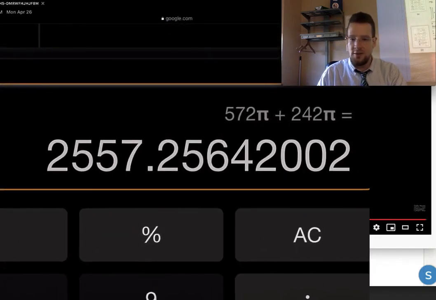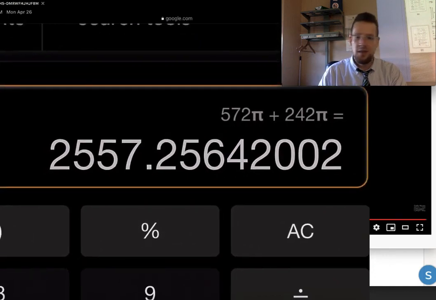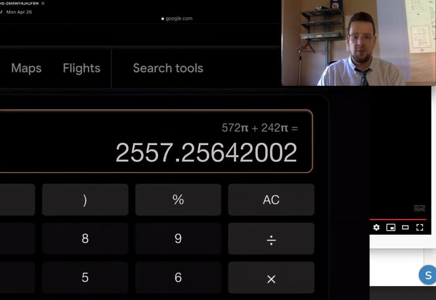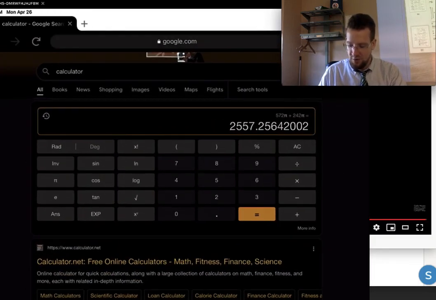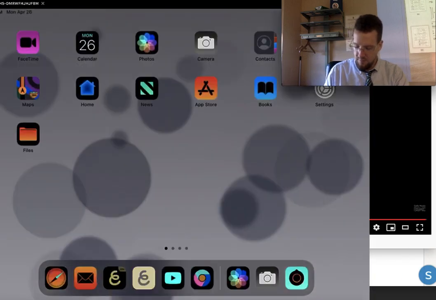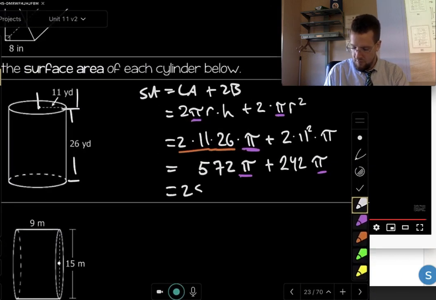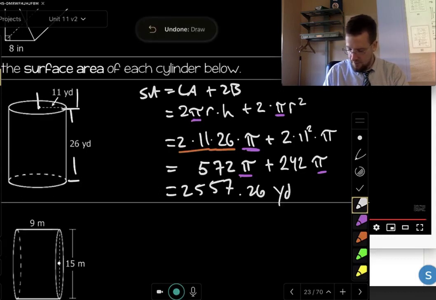I'm not doing 572 pi, round that, plus. I'm rounding once. I want the answer to be as exact as it possibly can be. And this is 2557.26. And these are yards squared. And that's where I'm going to end.